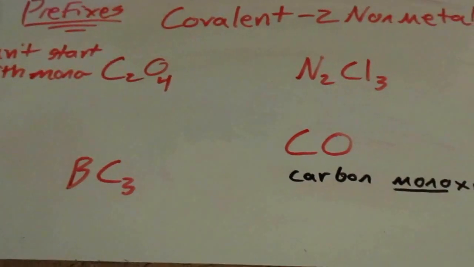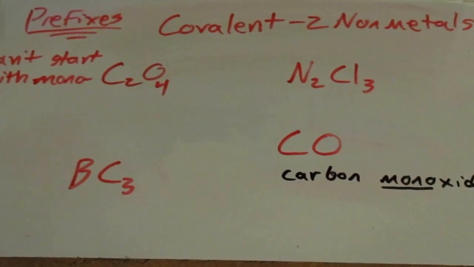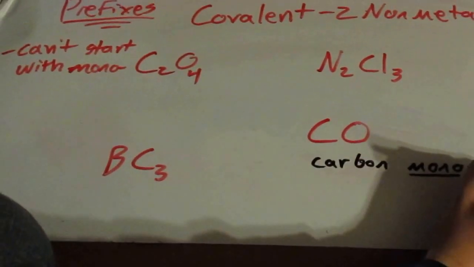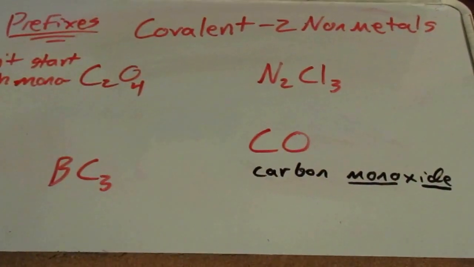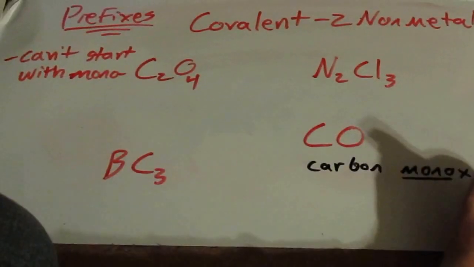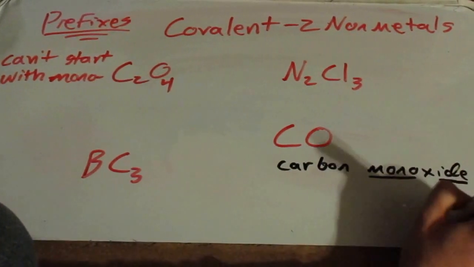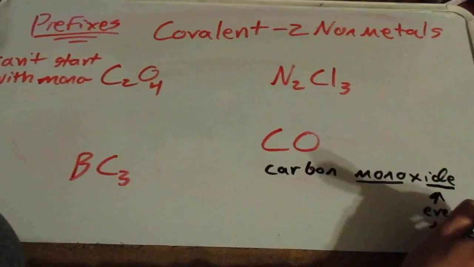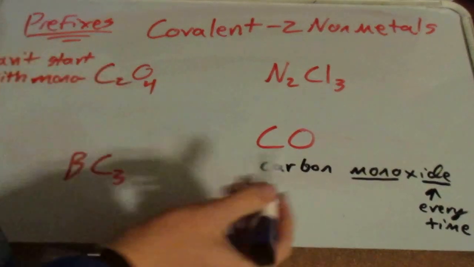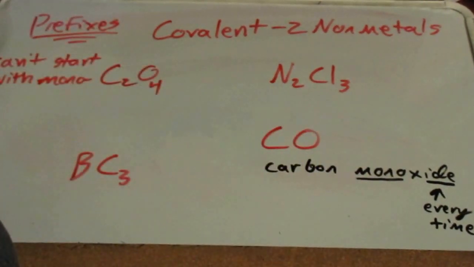Oh, I'm going the wrong way. There we go. The monoxide works, and you notice that I changed the ending to IDE. This occurs every time, because anytime you end with an element, you're going to have an IDE ending, which all these will be.